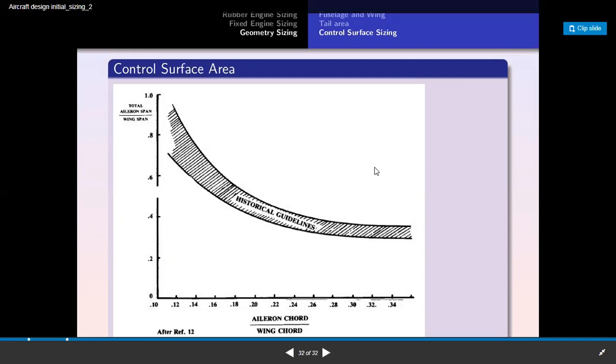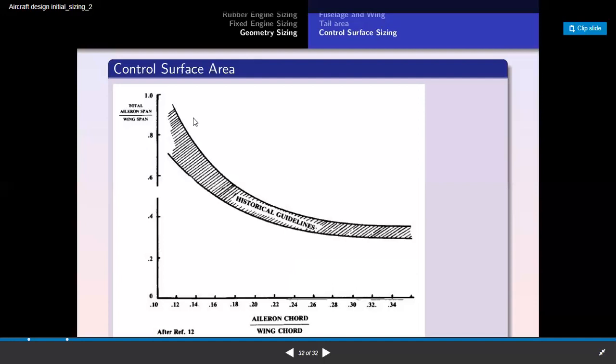The sizing of the control surface also plays an important role. By the historical guidelines, we have the aileron span versus wingspan, and the aileron chord versus wing chord, and by that we can check around 0.6 to 0.7. According to that, we select the sizing and size the control surface area.